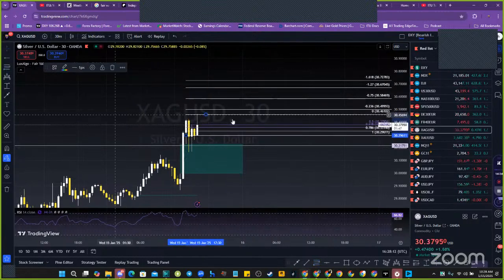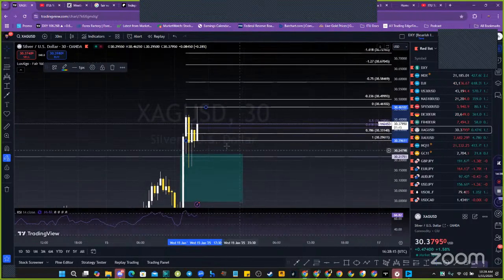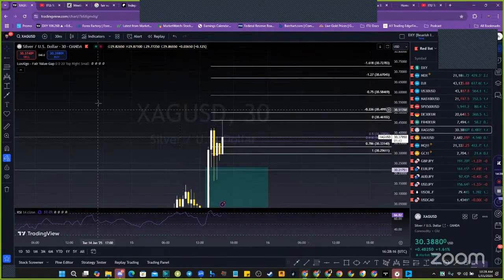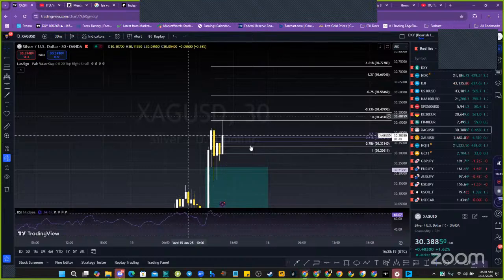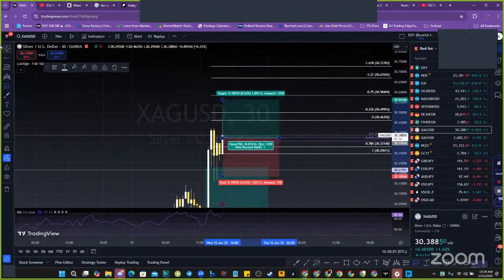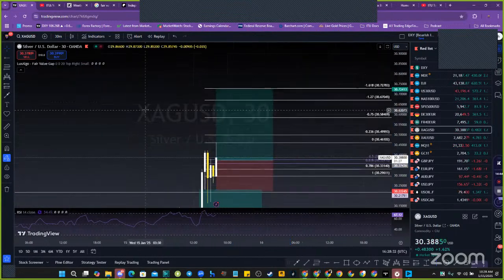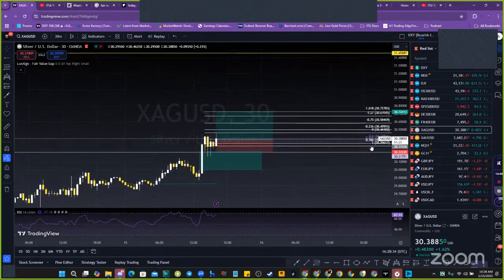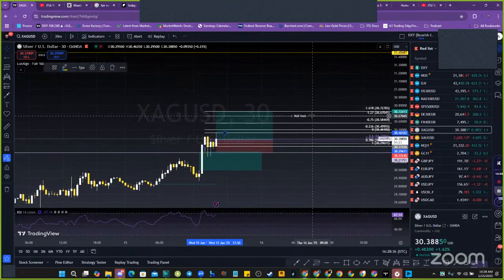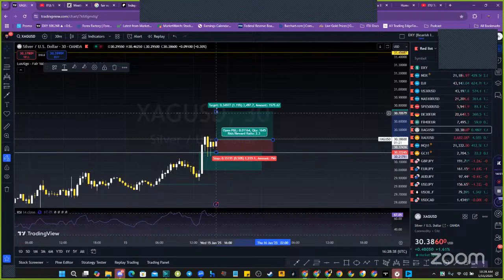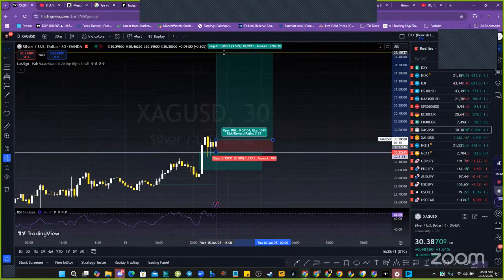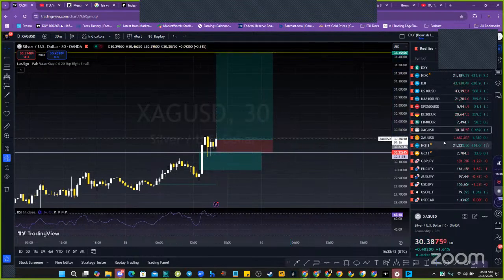All right, as long as that closes as the engulfing candle we need, then that could be a good potential buy opportunity. Now I'm personally really looking for my target here at 31. So that's cool.